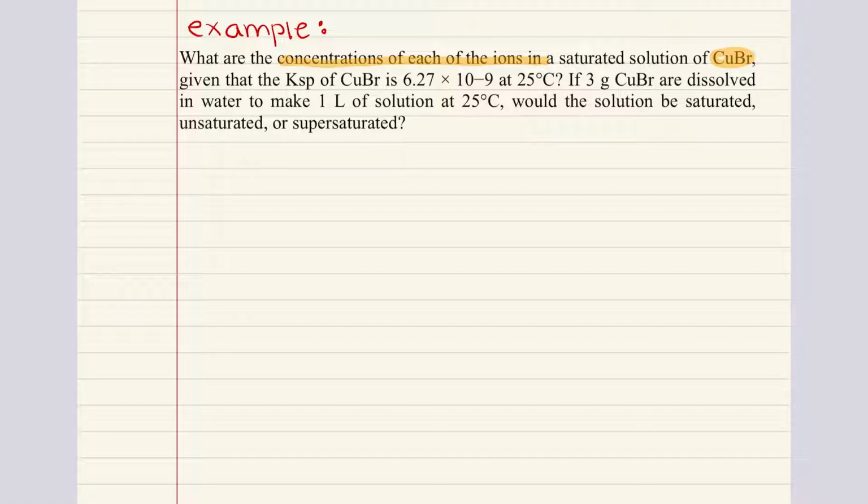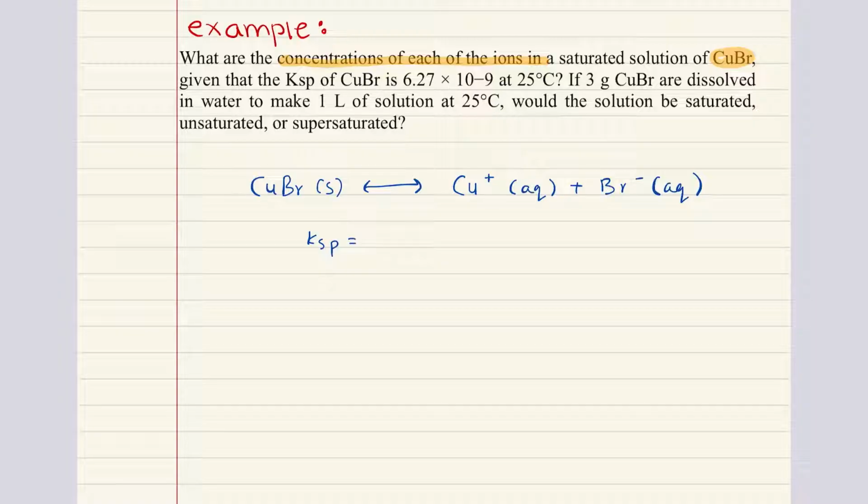Now, to answer that, we're going to again set up a balanced dissociation reaction for copper 1 bromide. This is going to dissociate into copper cations and bromide anions. Now, looking at this, we could also set up our KSP expression.